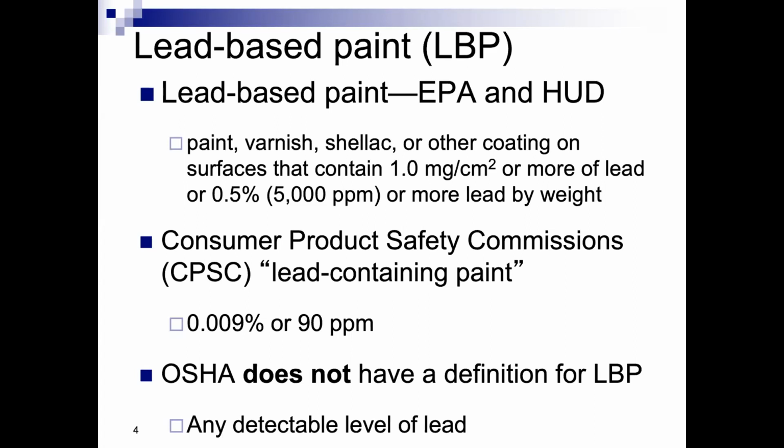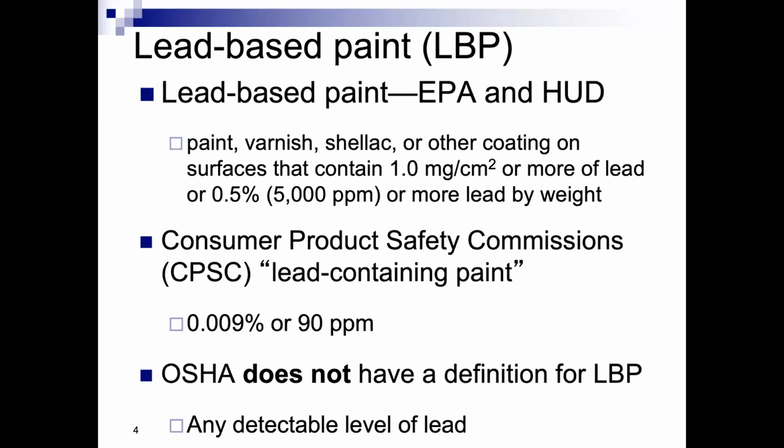Usually it's a 2 by 2 inch square of paint, and then asking the lab to report the results in total milligrams of lead, and how many square centimeters you collected the paint chip from.